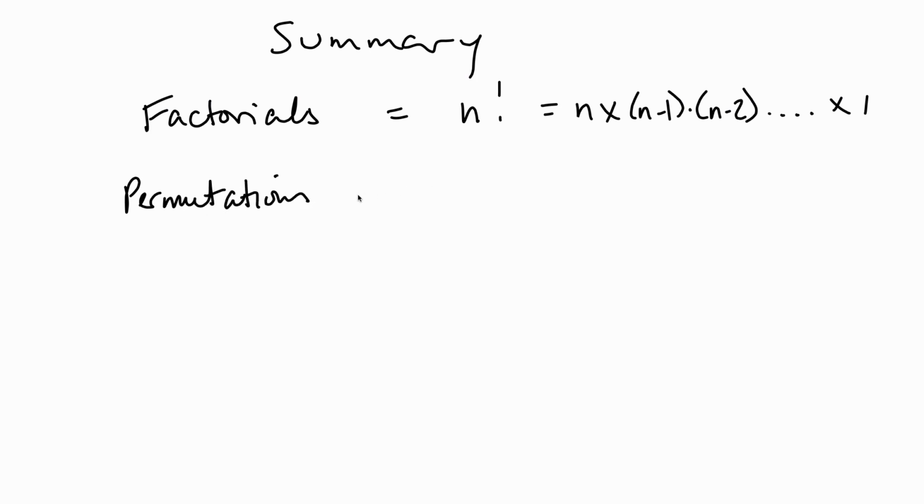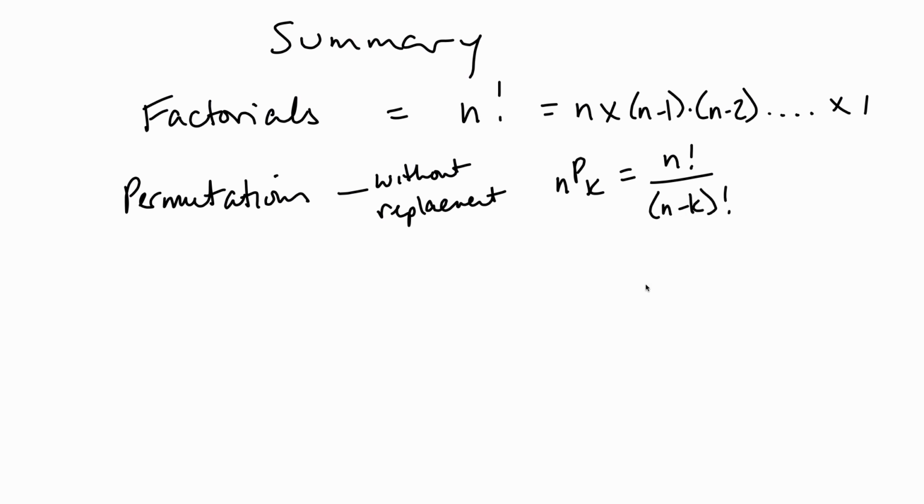Permutations come in two flavors: without replacement, nPk is equal to n factorial divided by n minus k factorial. With replacement, nPk with replacement is just n raised to the power of k.